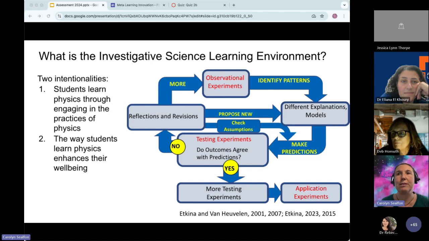So we have two key intentionalities: to engage students in learning physics through the practices of physics. So not just learning the concepts or the results of physics, but actually engaging them in the process of discovery. And also that the way students learn physics should ideally enhance their well-being. And I very much struggled to do this at scale.